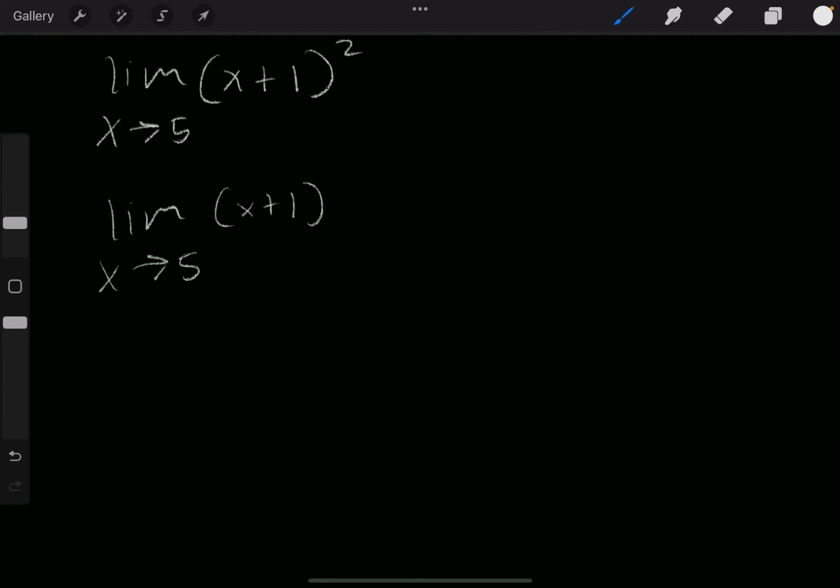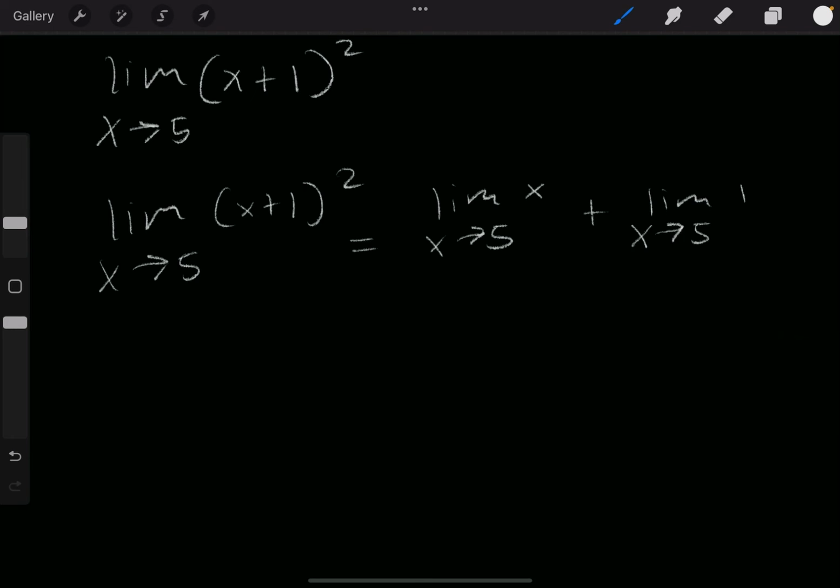Let's say that we have the limit as x approaches 5 of x plus 1, squared. Now, the limit as x approaches 5 of x plus 1 squared is equal to the limit as x approaches 5 of x plus the limit as x approaches 5 of 1.